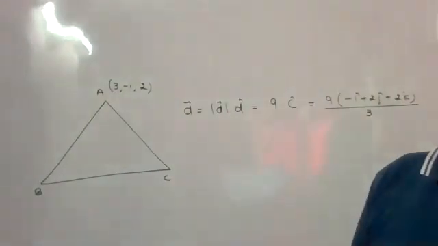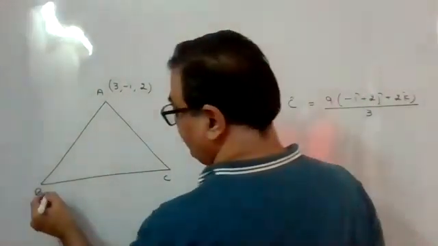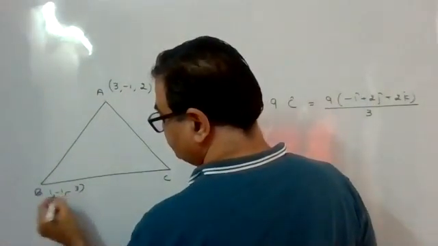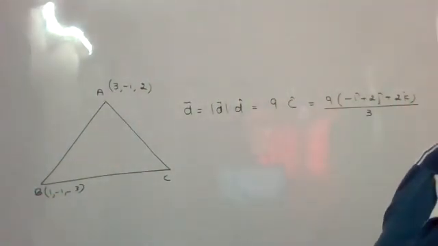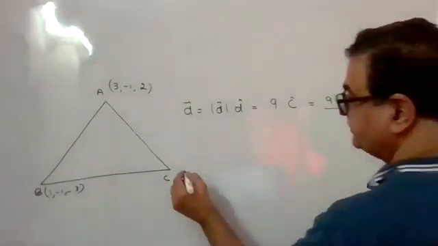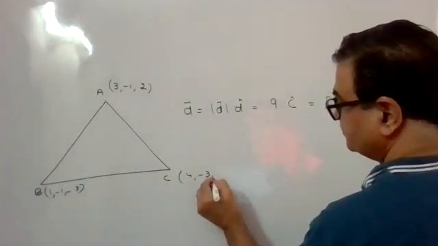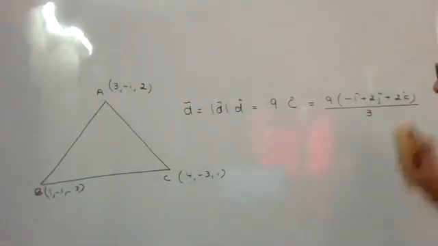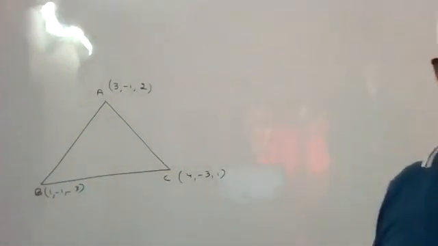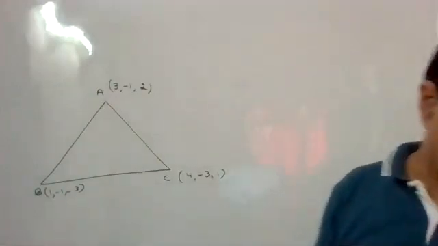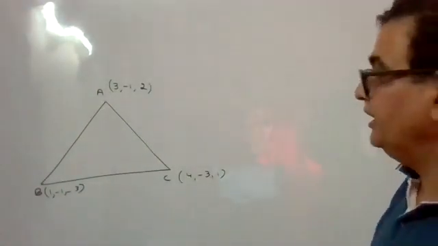B point is given as 1, minus 1 and minus 3. And C point is given as 4, minus 3 and 1. I want a vector which is perpendicular to the plane containing ABC.